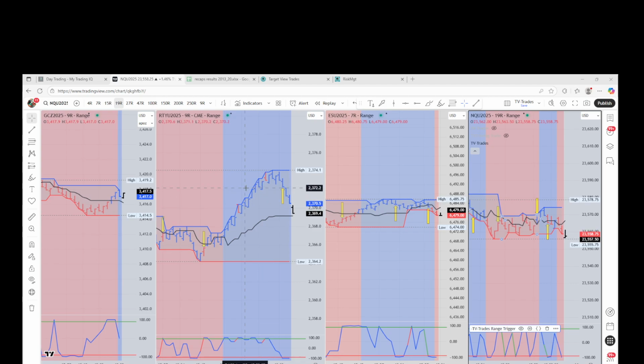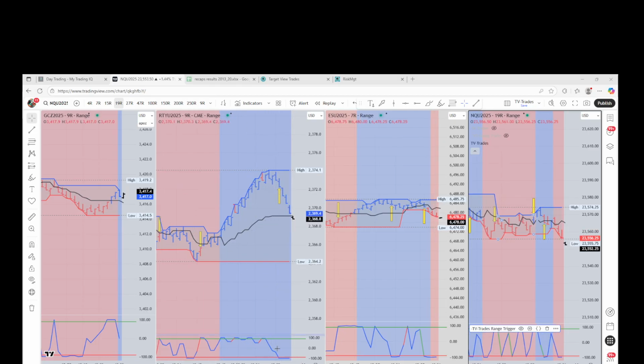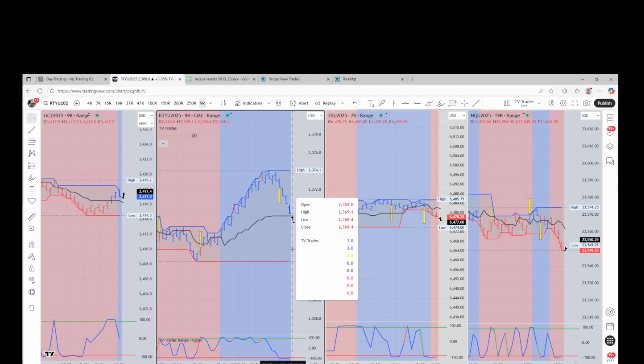Okay, so we're at the midpoint, we're oversold. So right now, all the indices are going down right here. I don't really want to trade the Russell long, but it's just about setting one up.